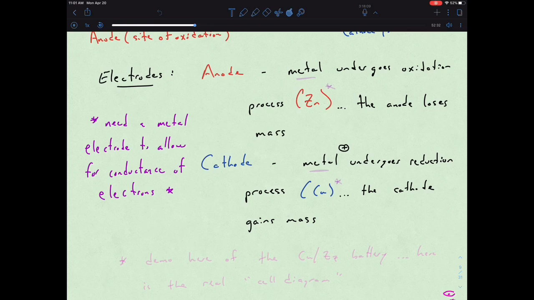So that's that important piece there as well. The idea of metal and metal, that's required here. The zinc metal and the copper metal that are required for those electrodes to allow for conductance, or electrons to be transported from one side to the other.